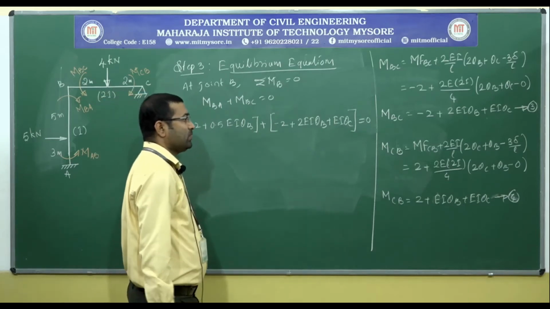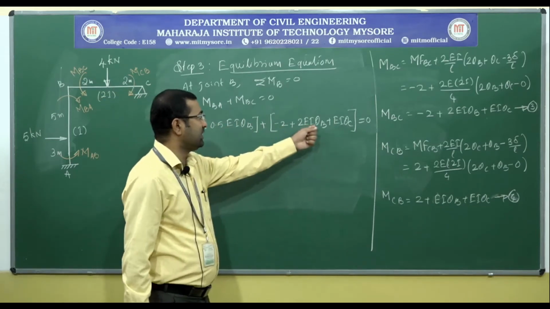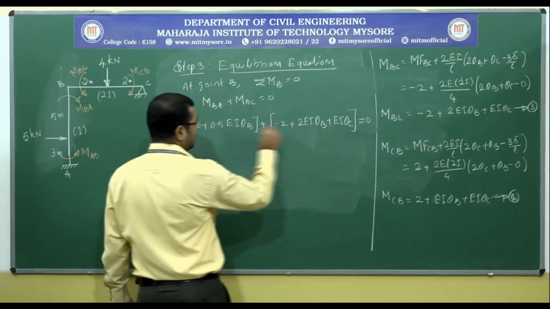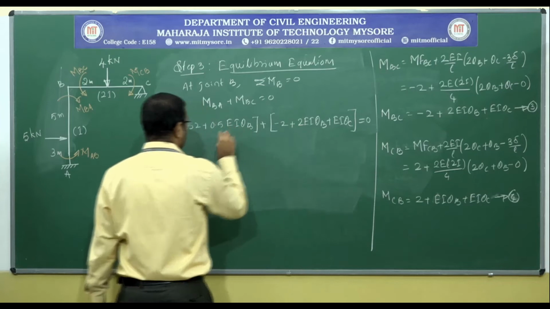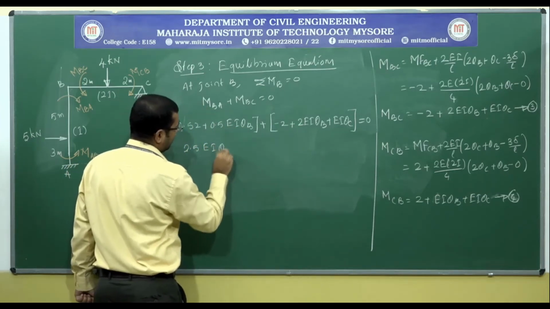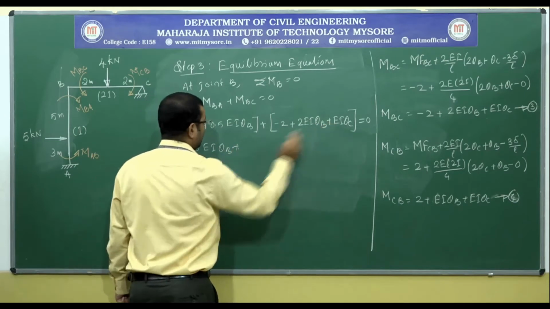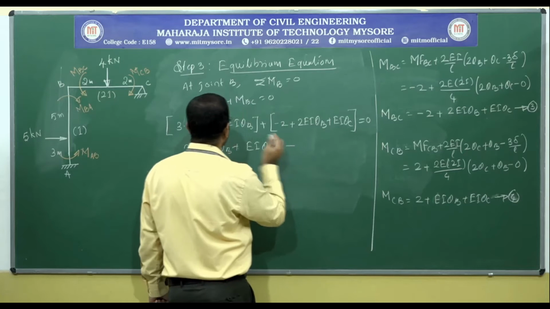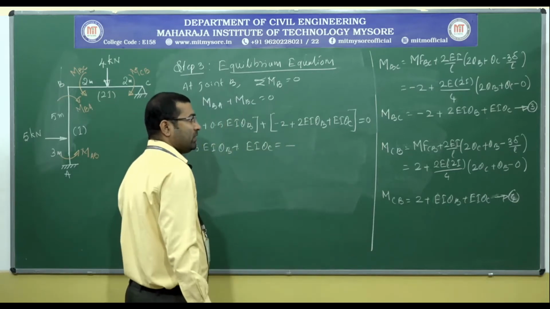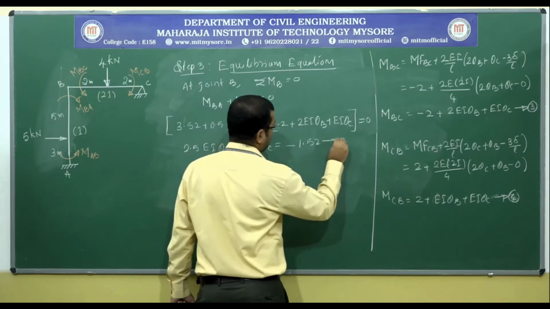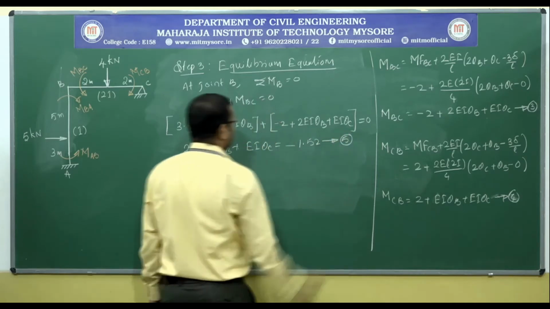Now if you observe, we have two terms of EI theta B and one term of EI theta C. So let us add them. If I add these two, 2 plus 0.5, it will be 2.5 EI theta B plus EI theta C, which yields a value of minus 1.52. Let us call this equation number 5.